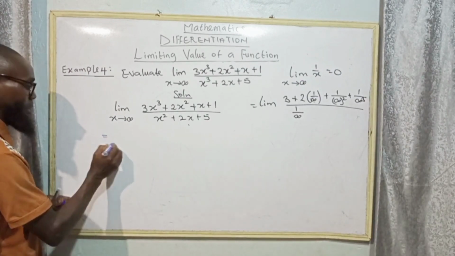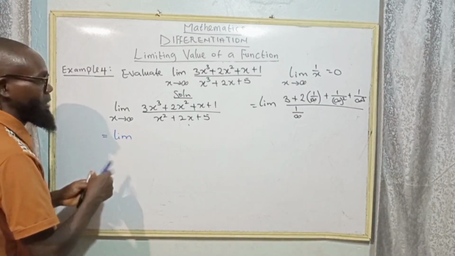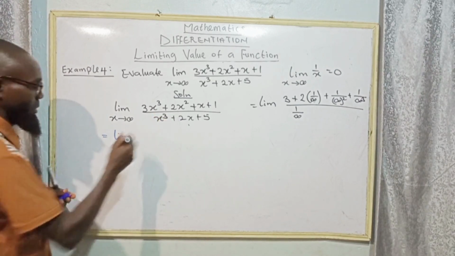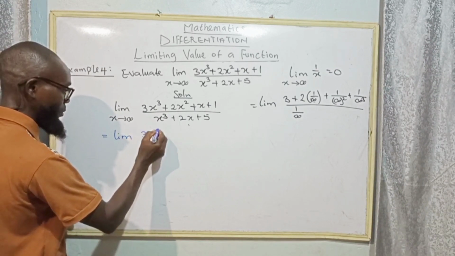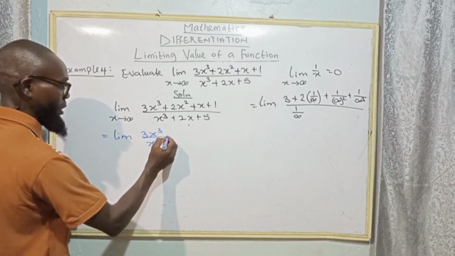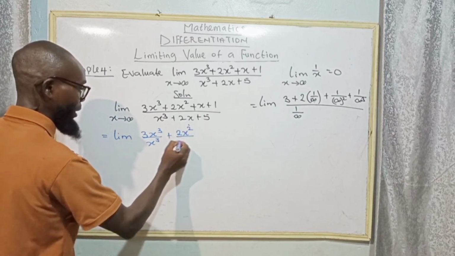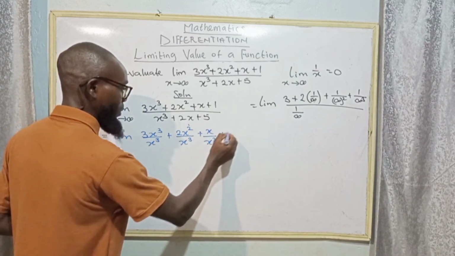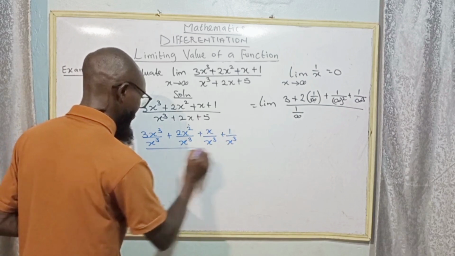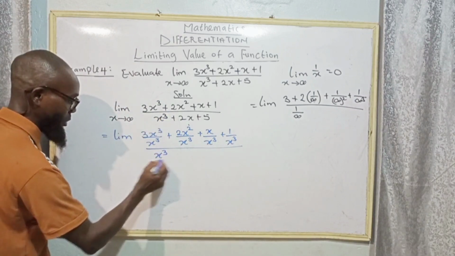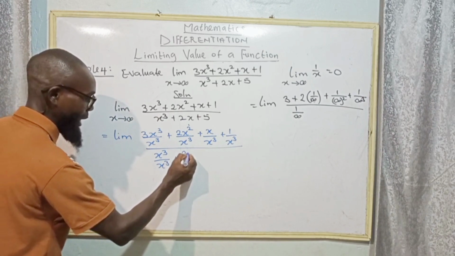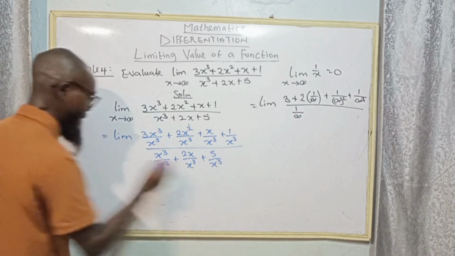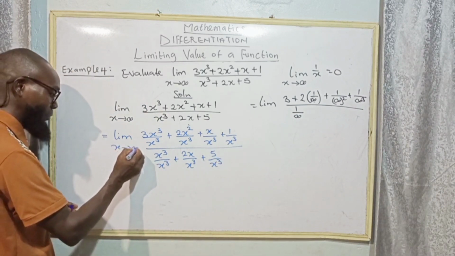So we divide every term by x cubed. We have the limit of 3x cubed divided by x cubed plus 2x squared divided by x cubed plus x divided by x cubed plus 1 divided by x cubed, all divided by x cubed divided by x cubed plus 2x divided by x cubed plus 5 divided by x cubed as x approaches infinity.